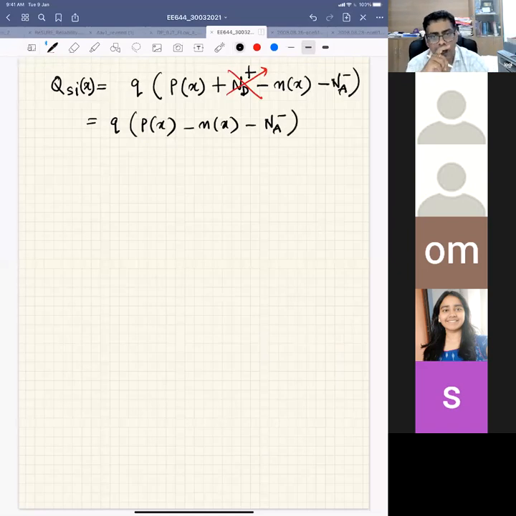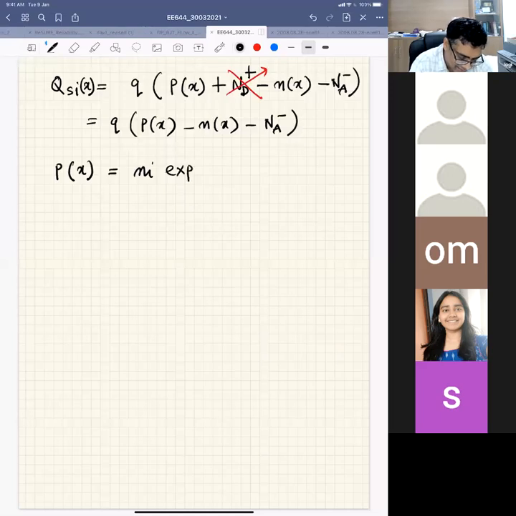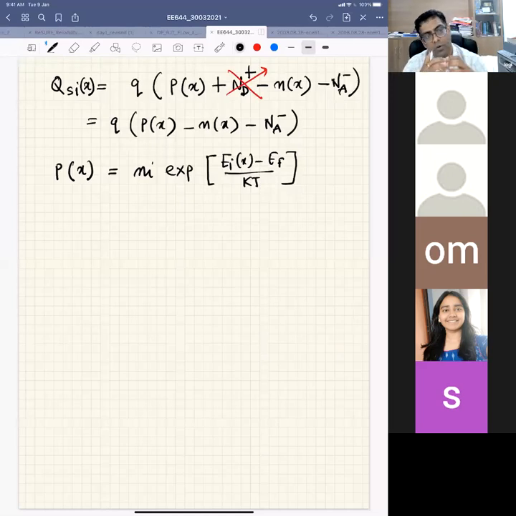If I look at p(x), the number of holes is nothing but ni exponential of (Ei minus Ef) by kT.